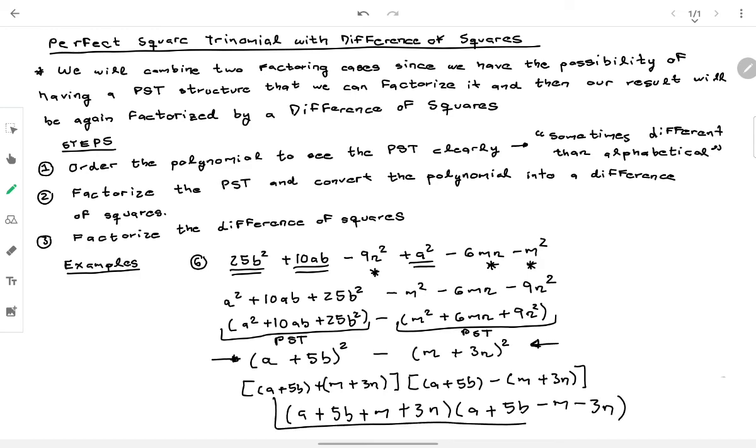It's correctly ordered, so we don't need to change anything, and that's going to be our final answer.